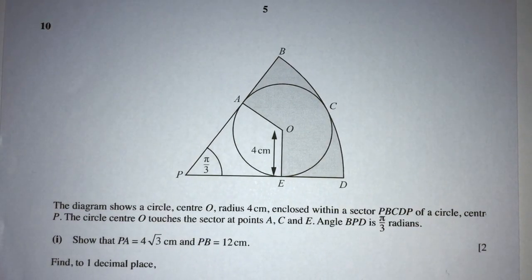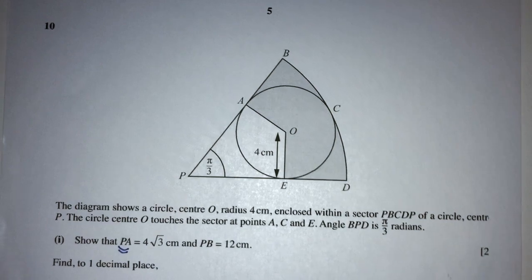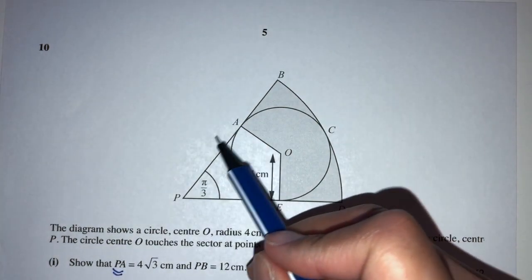The diagram shows a circle, center O, radius 4, enclosed within a sector PBCDP of a circle. So this is the information that we have already on the diagram. Now the main question here is we have to show PA is equal to 4 root 3 and then PB is equal to 12. Let's begin with the first one, which is PA. So how can you find the value of PA?